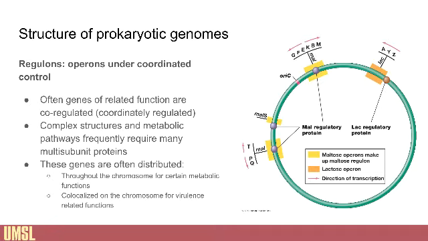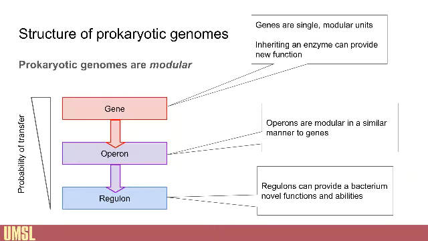So keeping in mind that you have these packages of genes that are all localized throughout the genome. In terms of organization, we're going to see again in the next lecture that there's this systematic organization of structure in prokaryotic genomes.